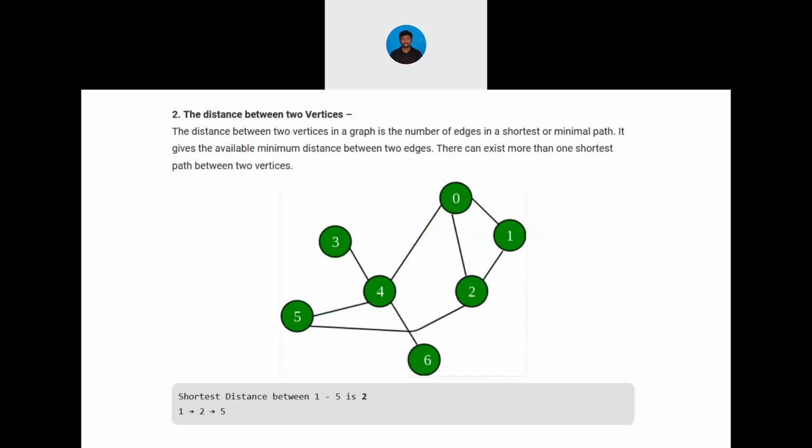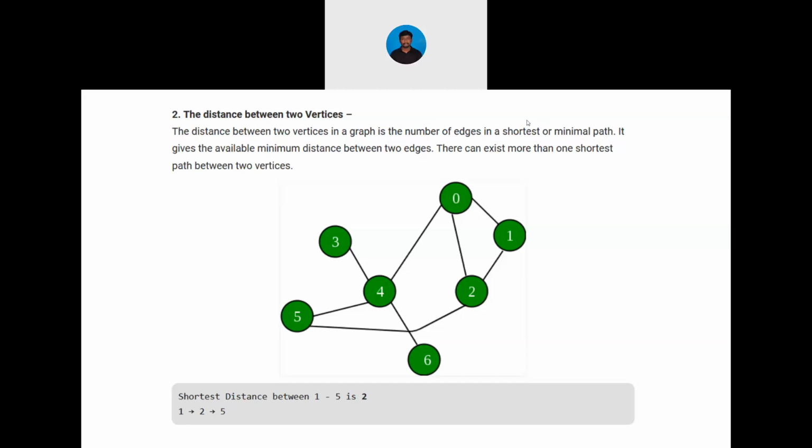The second terminology is the distance between two vertices. This is very important. We call this the geodesic distance or the shortest distance. We have studied this in the earlier classes also. Please make a note: the distance between two vertices in a graph is the number of edges in a shortest or minimal path.